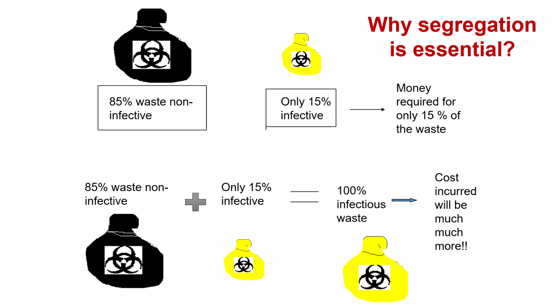So we have to segregate the 15% infective and dispose of it properly, and for the 85% non-infective, the money required is a very nominal amount. But if we do not segregate and combine both, it becomes 100% infectious waste, which will require more money for treatment.